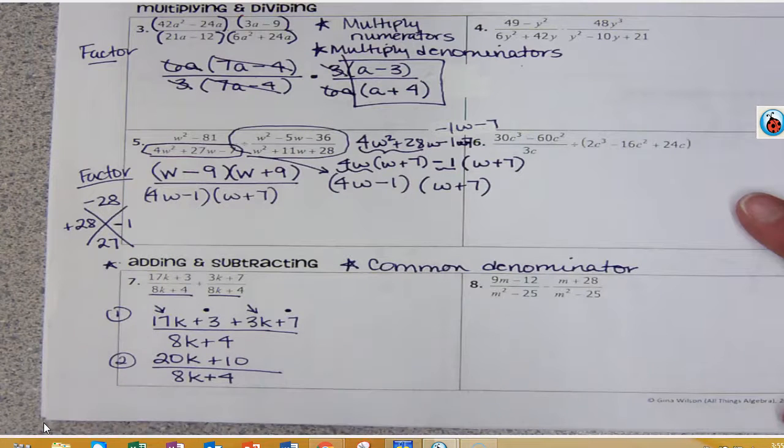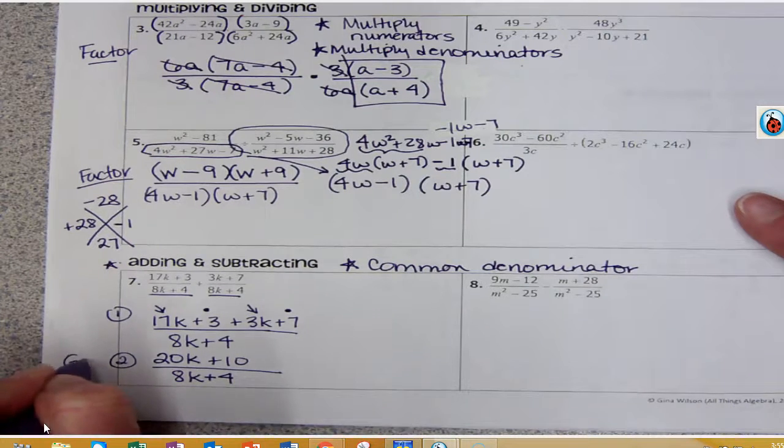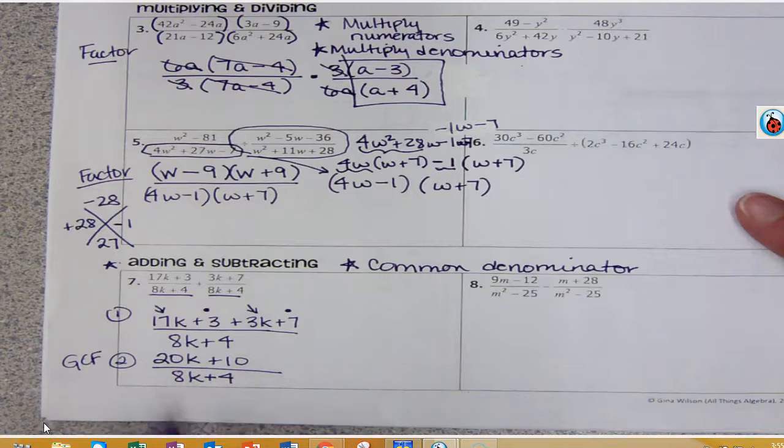So now that I've got this, I'm going to look to see if I've got a greatest common factor. Because I know that I cannot reduce when they're in a binomial state. I have to factor out a greatest common factor. I can only reduce when multiplying.